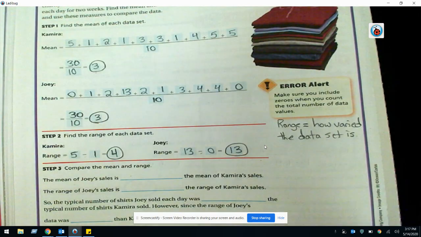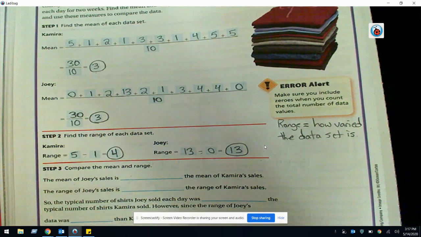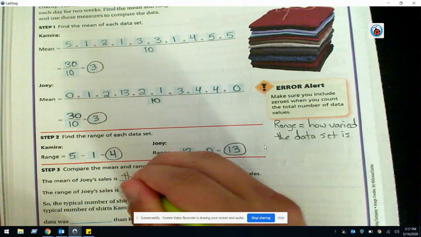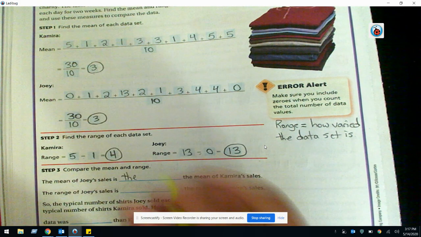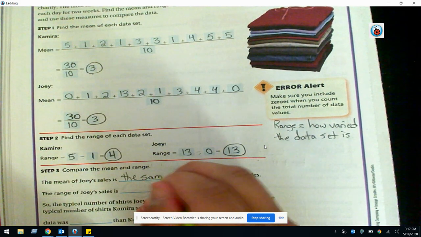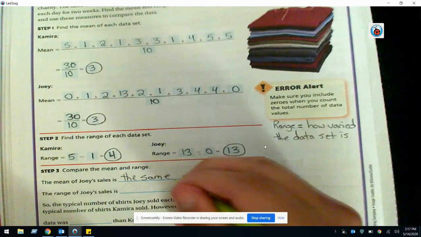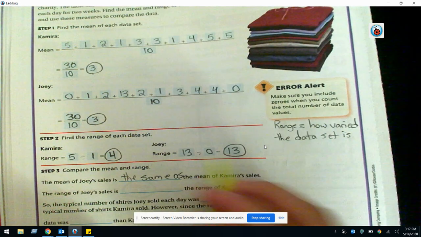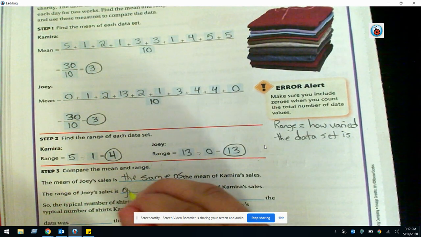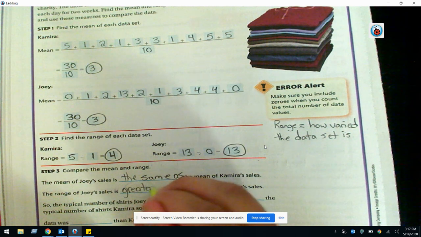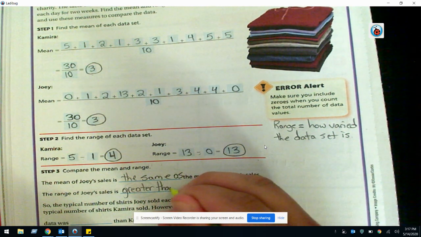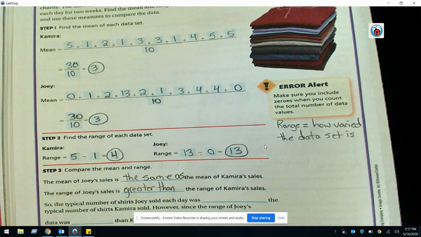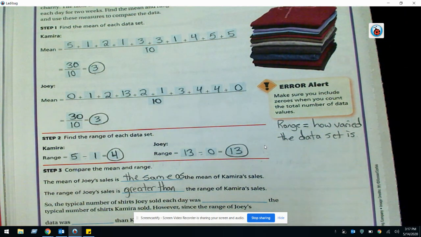Okay? So compare the mean and range. The mean of Joey's sales is the same as the mean of Kamira's sales. The range of Joey's sales is greater than the range of Kamira's sales.